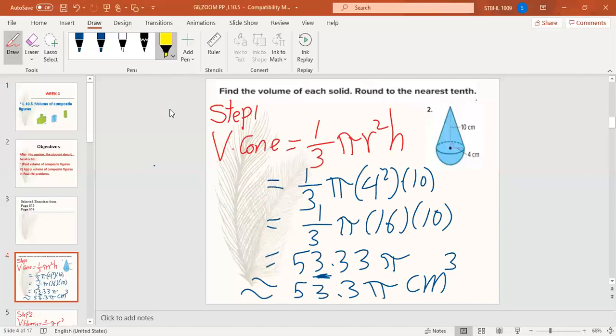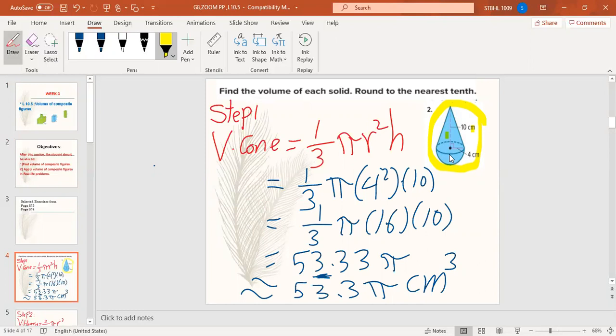And it's very clear here that the figure consists of two solids. It consists of a cone which is stacked on a hemisphere, and stacked means composite.